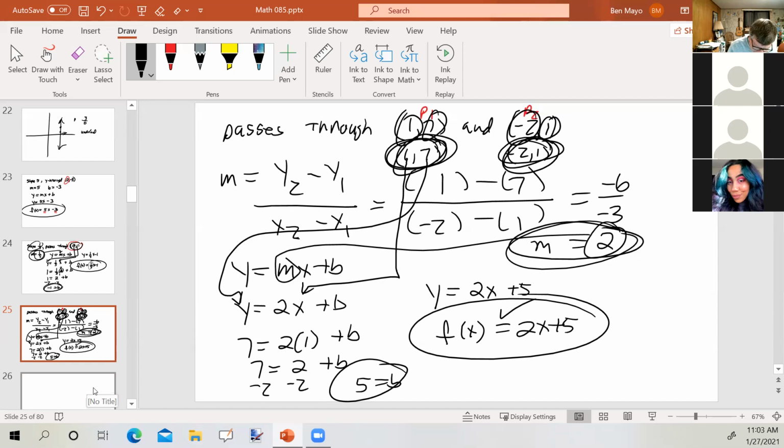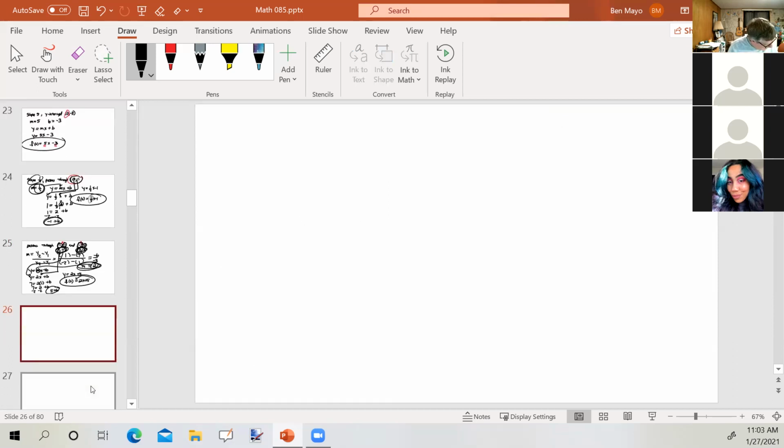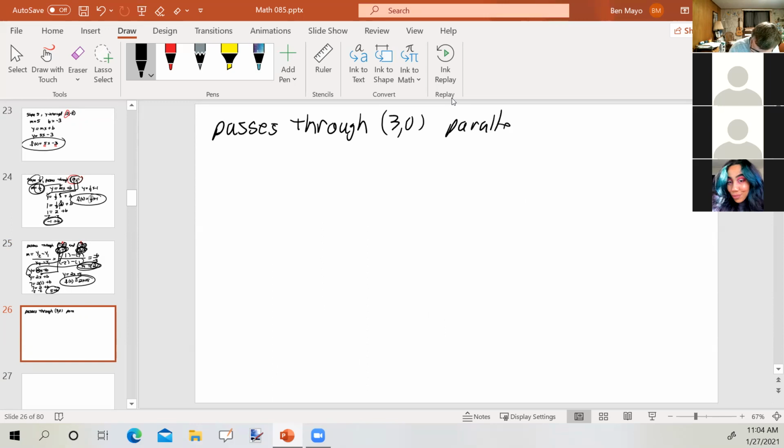All right. Next one. This equation, or the graph, it says it passes through (3, 0), and it's parallel to the graph of g of x equals -2/3 x minus 4.